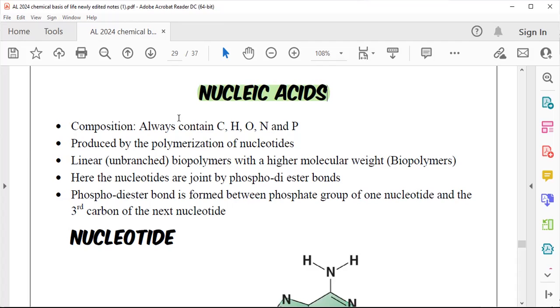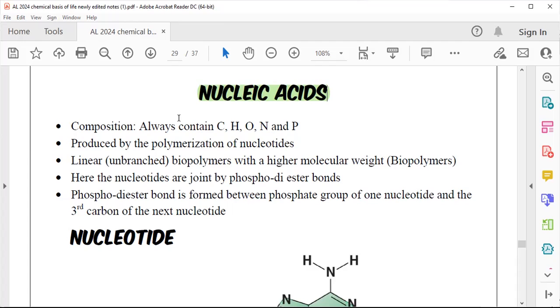In your O level, in grade 10, you gained very little knowledge about nucleic acids. But in the advanced level, you have bigger knowledge. We are just simply starting.